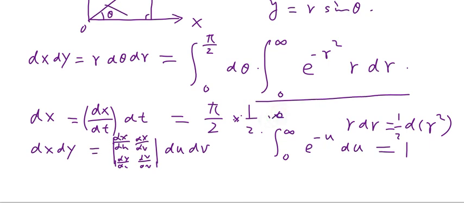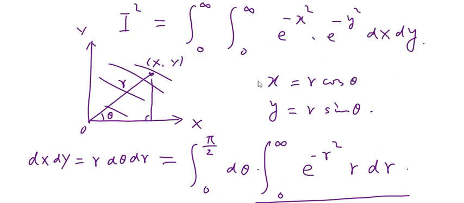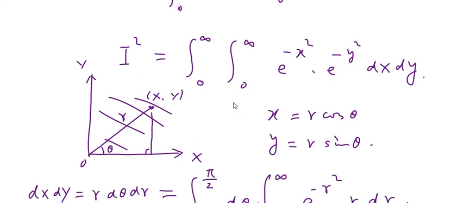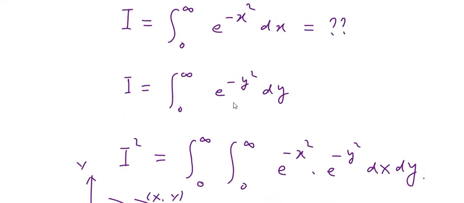Oh, the coefficient, maybe I got confused. But anyway, we have I squared equals this number, then take the square root. So this is, let's see, maybe radical pi, or radical 2 pi. So this is where the radical 2 pi or radical pi comes from.